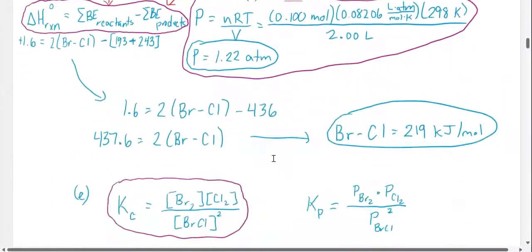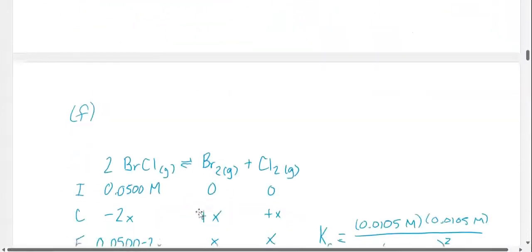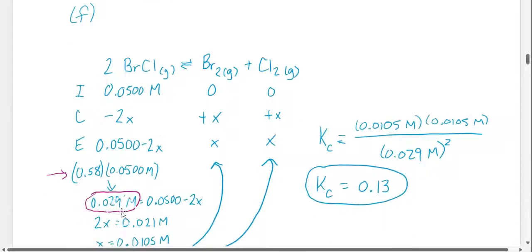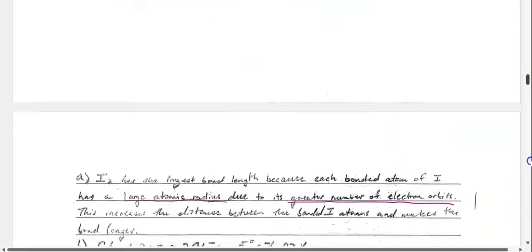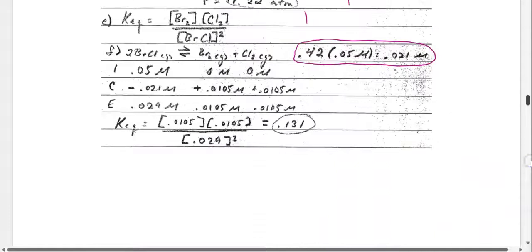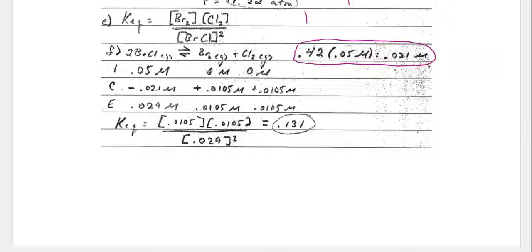And that told me the amount there at the end. Well, they just used the 42% and basically said 42% of my original concentration is 0.021 molar. So that's the amount that decomposed. So that's the change here.